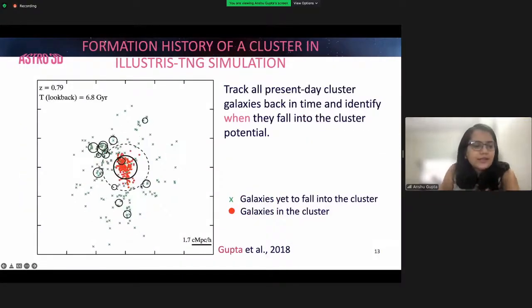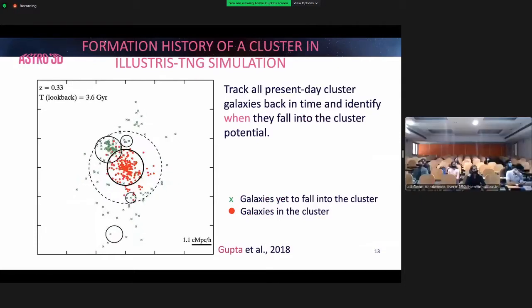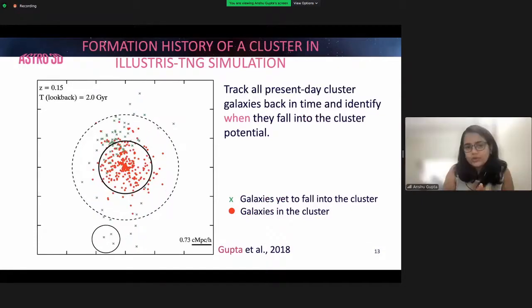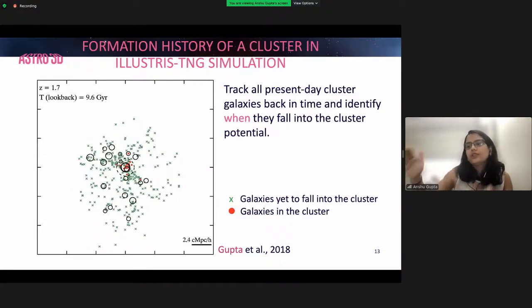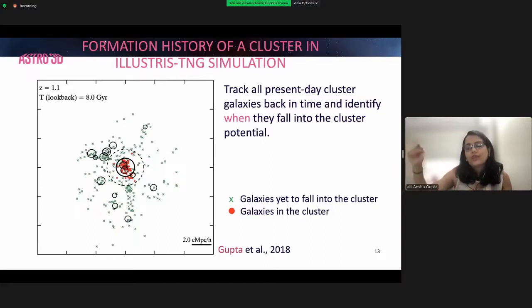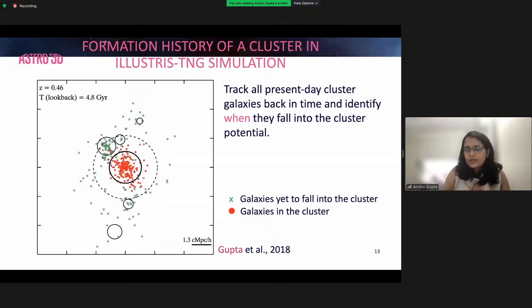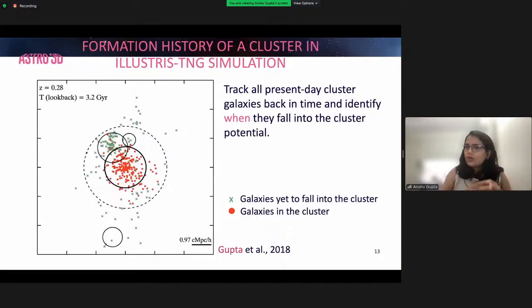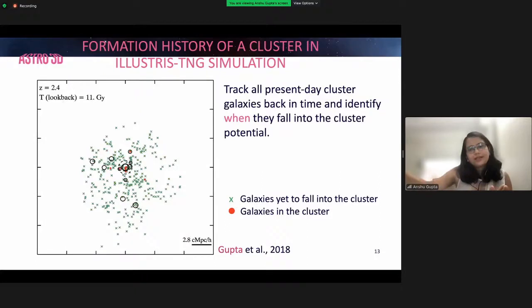So what we wanted to do was, since it's simulations, you have the full evolutionary history of the galaxy. You know where the galaxies have been in the past and where they are right now. So we pick out all the galaxies that are in the cluster right now, and we go back in time.